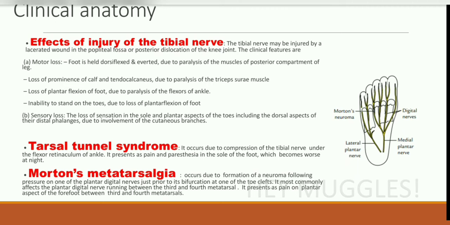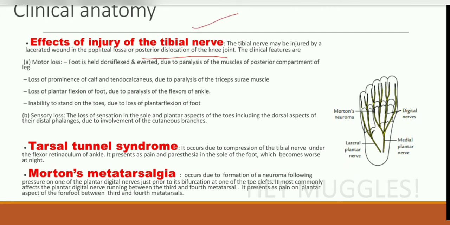Right? So the tibial nerve can be injured due to any wound in your popliteal fossa or posterior dislocation of your knee joint, right? So if there is any lacerated wound in your popliteal fossa, or if the knee joint has been dislocated posteriorly, the tibial nerve can be damaged.